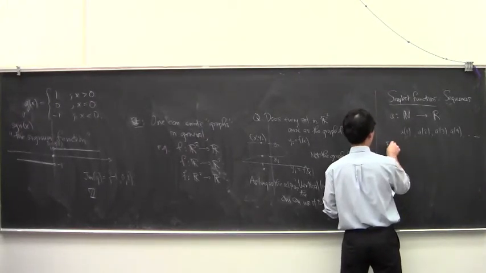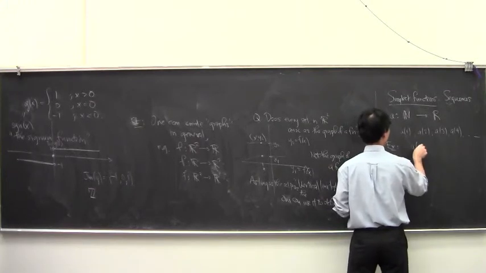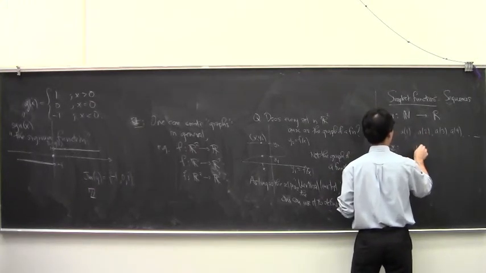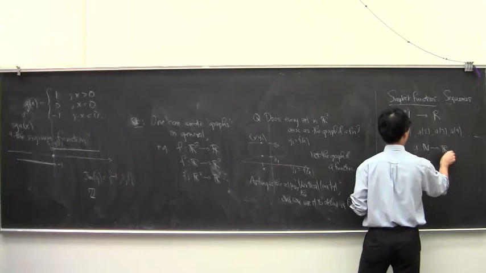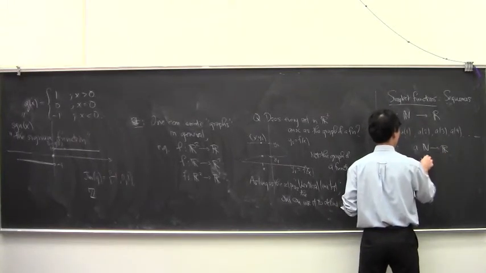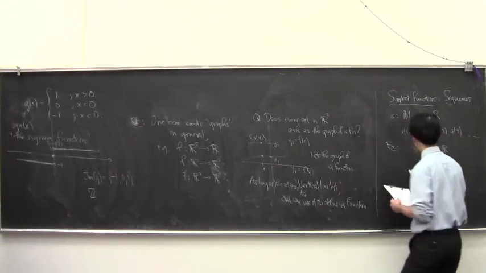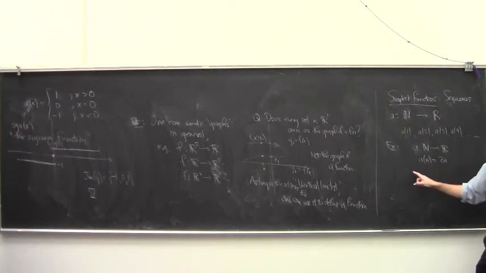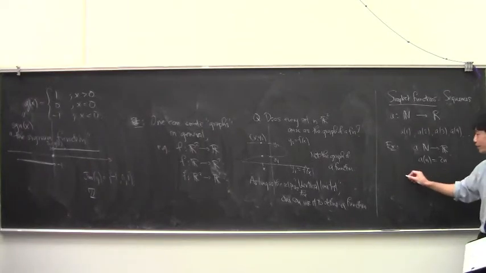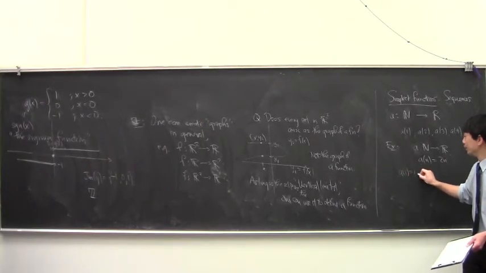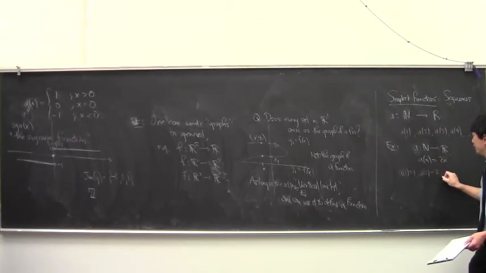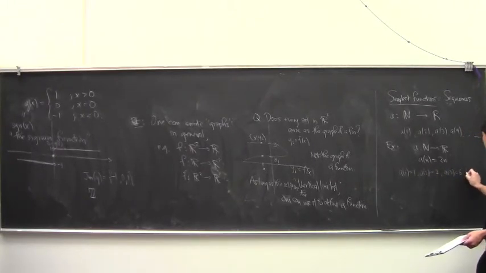So for example, if I write A going from N to R, where A of n is 2n, then A of 1 is 2, A of 2 is 4, A of 3 is 6, A of 4 is 8, et cetera.